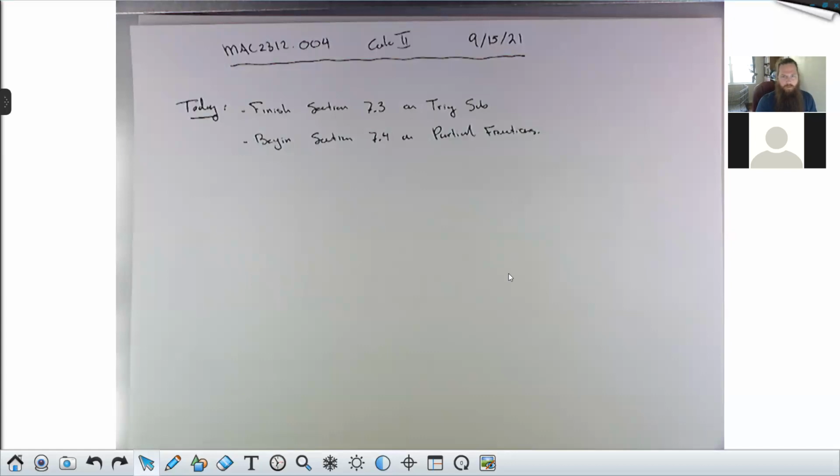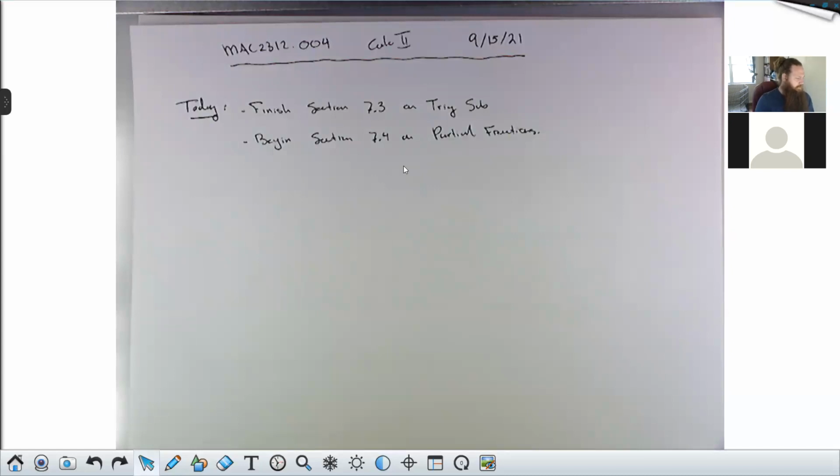I know we don't usually do it here at Santa Fe. But depending on where you are, who has seen partial fraction decomposition before? Just give me a thumbs up react or whatever, any react. Okay. So just two of us. All right, so we're going to have to go through partial fractions in detail, that's fine.